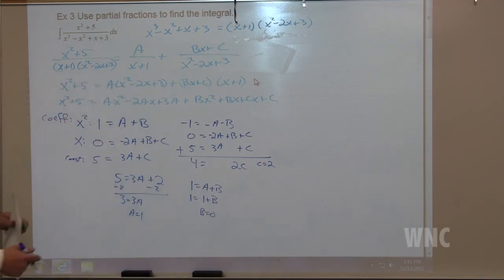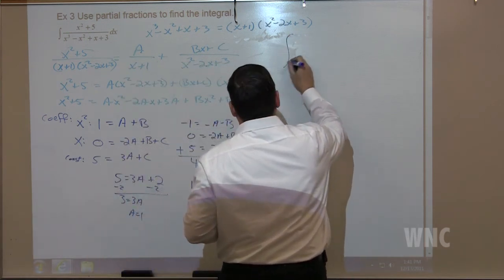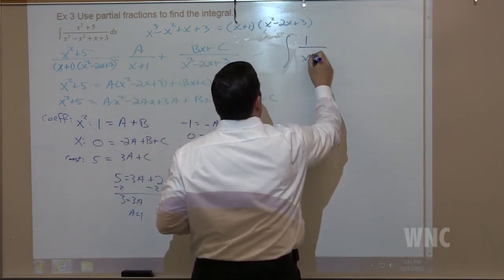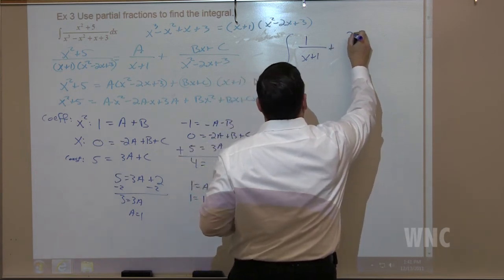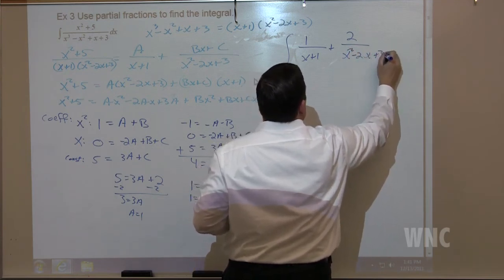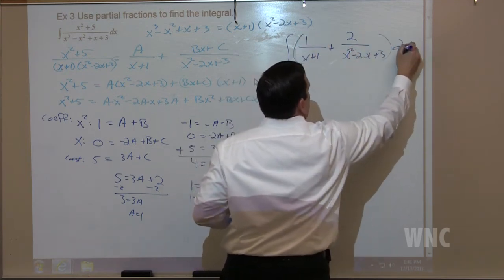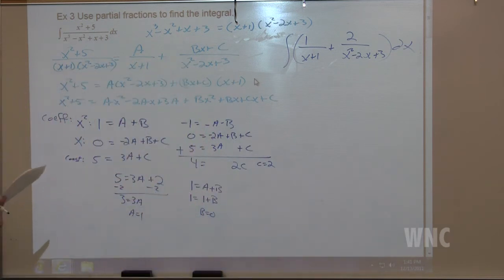So how does this transform? We end up with the integral of 1 over x plus 1 plus 2 over x squared minus 2x plus 3 dx. So it doesn't look as pleasant as the other ones we've done, but it's still very much doable.